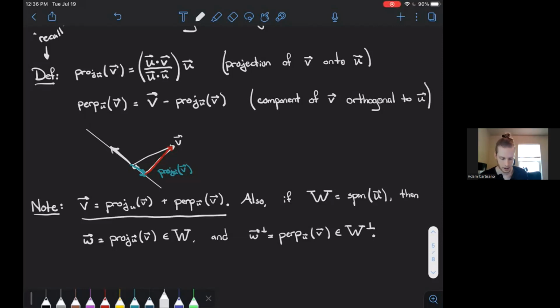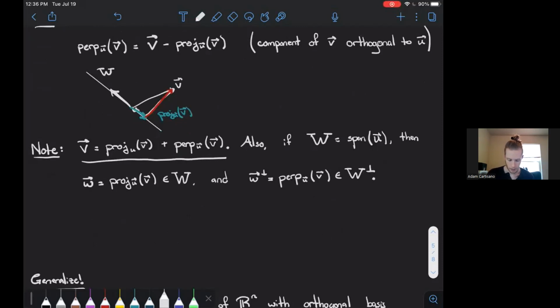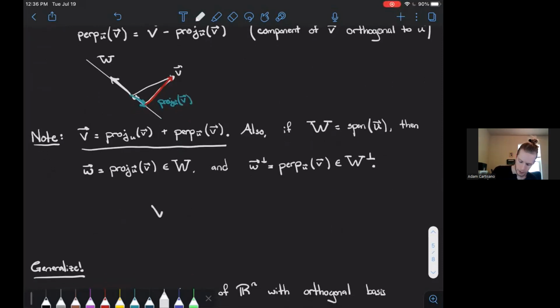So if W is the span of u, and little w is proj_u(v), and little w perp is perp_u(v), then v is w plus w perp.